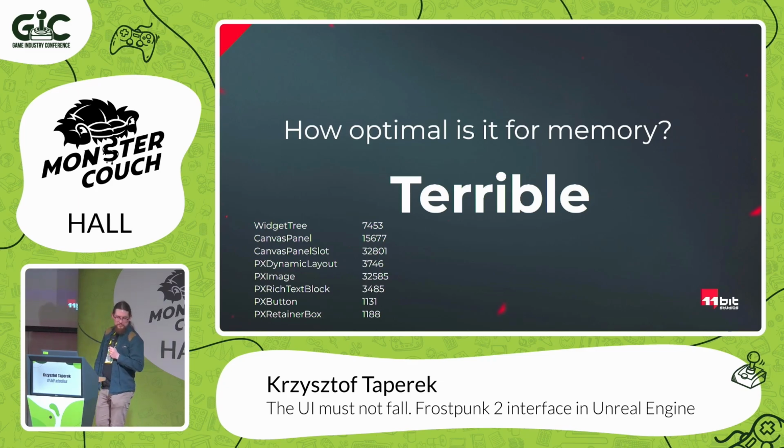We have 15,000 canvases, two times more slots for canvases, 32,000 images, and the worst thing, more than 1,000 retainer boxes. More about retainer boxes later, but it's a very convenient tool, because you can put a material on a widget, which is very nice and very expensive.